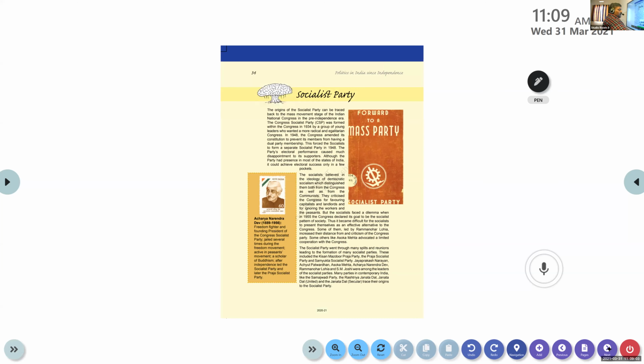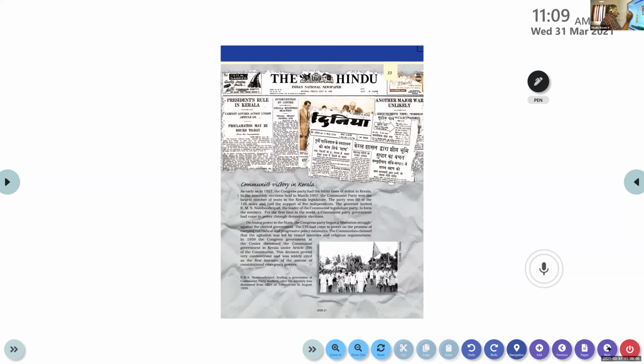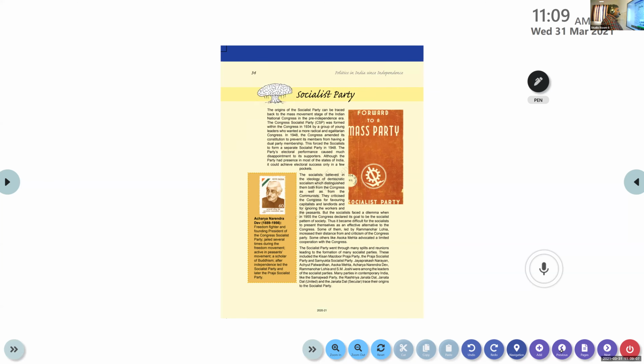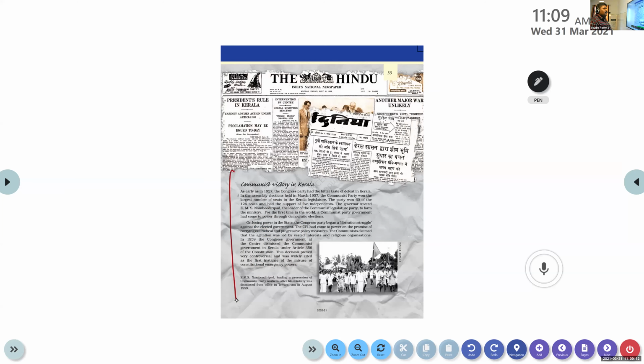So we discussed the role of the Communist Party and what happened in its first government. We studied that it is the first case of misusing constitutional powers by the central government, by dissolving the state government of Kerala in 1959 under Article 356.